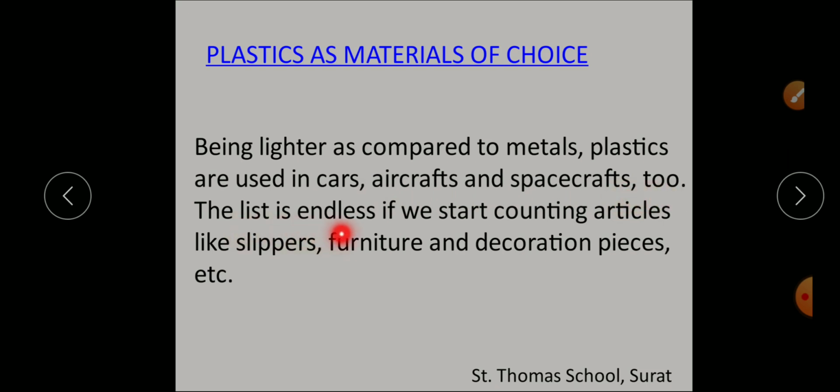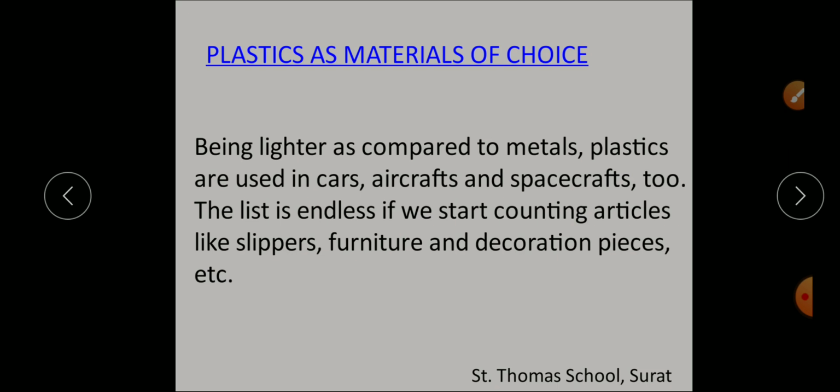The list is endless if we start counting articles like sleepers, furniture, and decoration pieces, etc. Plastics as material of choice means there are plastics which are relatively low cost. They have a very low cost and are used extensively these days, right?